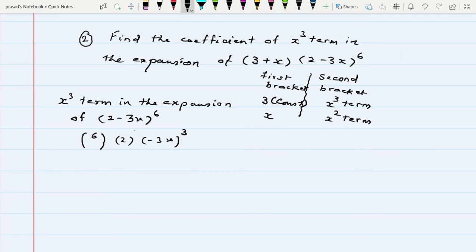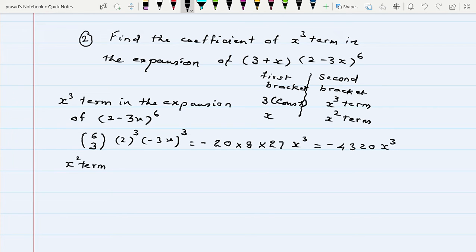So 6 minus 3, that is 3, will be on 2, and this will be 6C3. First of all, negative cube means this term should be negative. 6C3 is 20, 2 cube is 8, and (3x) the whole cube: 3 cube is 27, x cube. So if you do these calculations, it will be minus 4320 x cube.